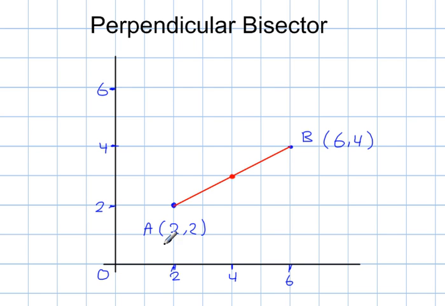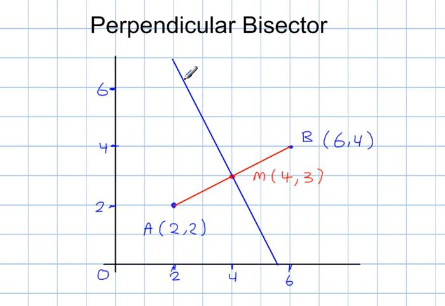And the coordinates for the midpoint, so if you take the x coordinates 6 and 2, add them together to give you 8, divide that by 2 gives you 4, which is verified from here. And the y coordinates do the same again. Add the y coordinates together, 2 and 4, that gives you 6. Divide that by 2, that gives you 3. And that's verified by y equals 3 here.